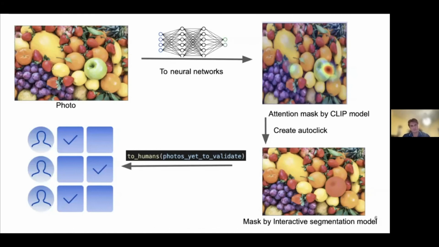But instead of human input, I used the activation from CLIP or a batch of CLIP models, converted these activations to coordinates, and then passed them to this interactive segmentation model, helping it to segment and label the class. It does work. Sometimes it requires a more accurate positive click, I think.